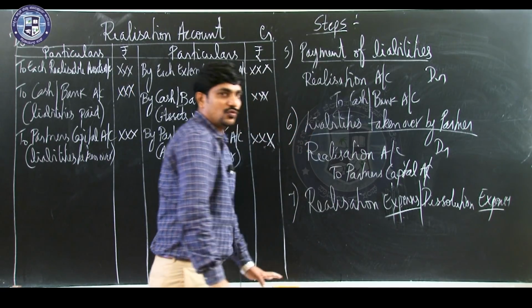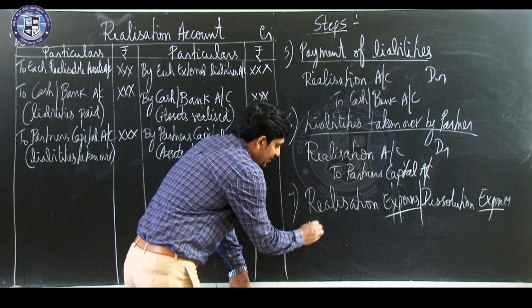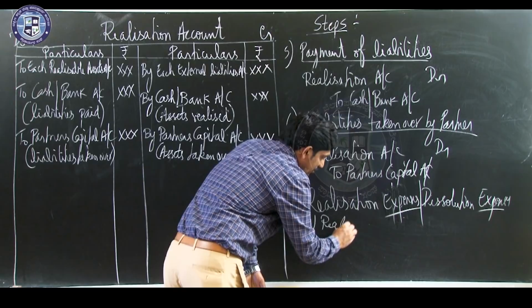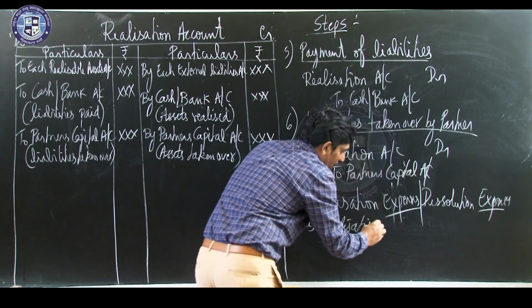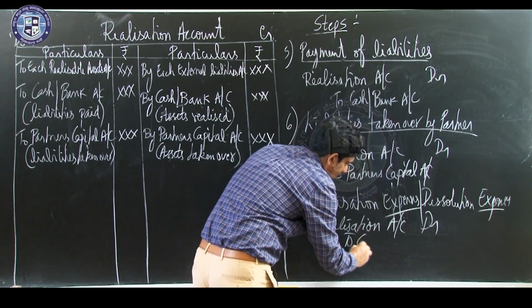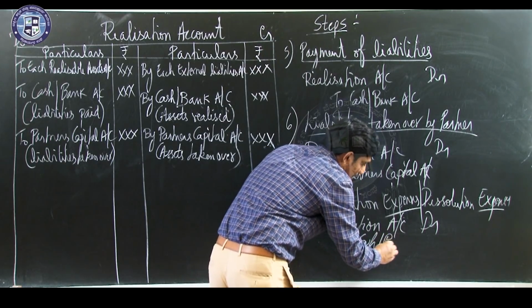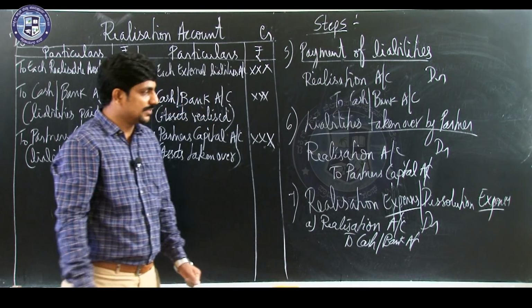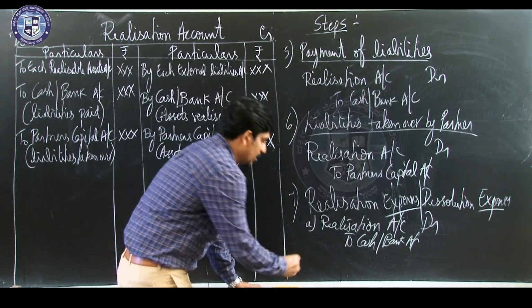Here also there are two cases. Sometimes the firm will pay. At that time, realization account debited to cash or bank account. Sometimes the partner will pay the realization expenses or dissolution expenses.